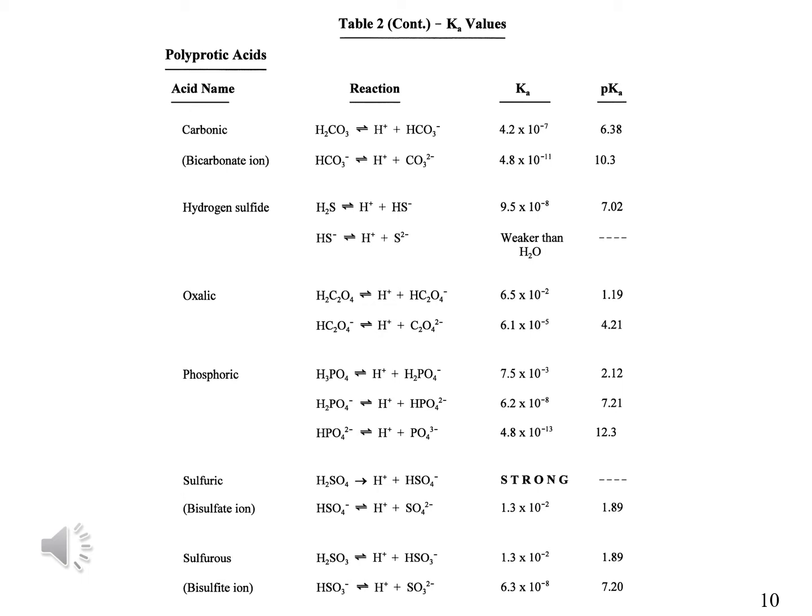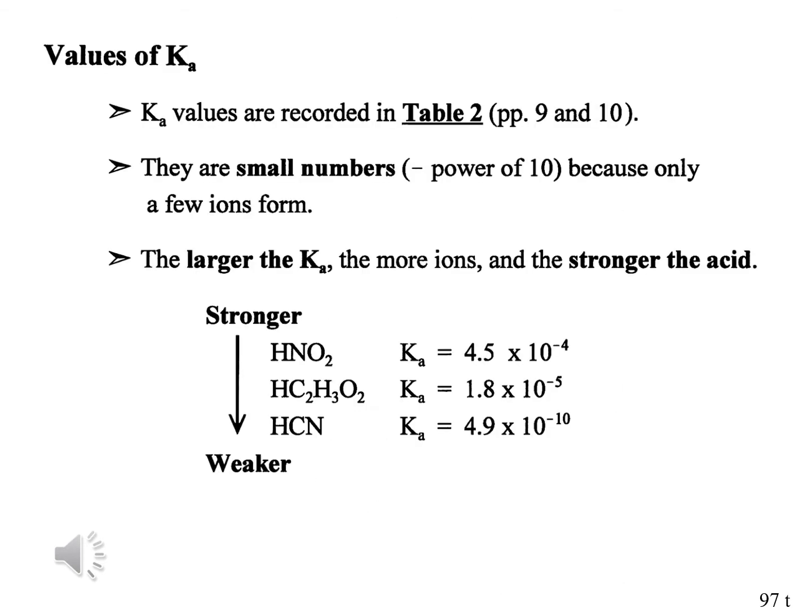Now in organic, you will be able to get Ka values for acids that are much weaker than these. But the way they do that is they measure the Kas in organic solvents, not water. And when you do that, you can get Ka values much lower.